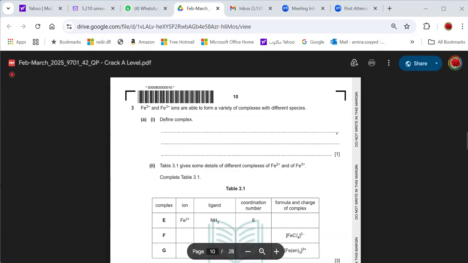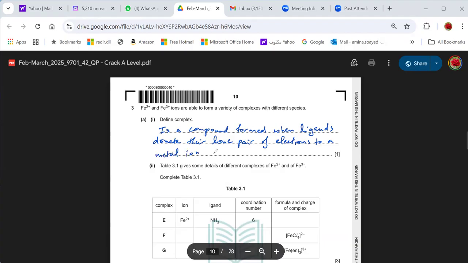We say that the complex is a compound formed when ligands donate their lone pair of electrons to a metal ion to form dative bonds with it.